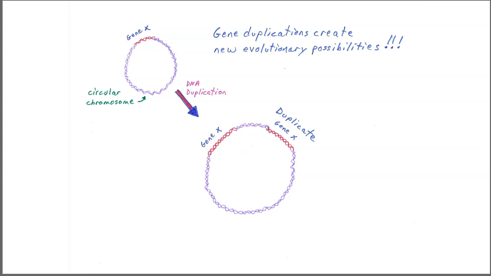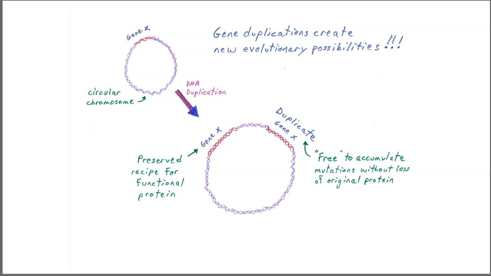Now this is interesting because one of these genes here, the offspring can preserve that recipe to make the original functional protein. But now it has a second copy of that gene. And this means that this duplicate gene is free to accumulate mutations without loss of the original protein.